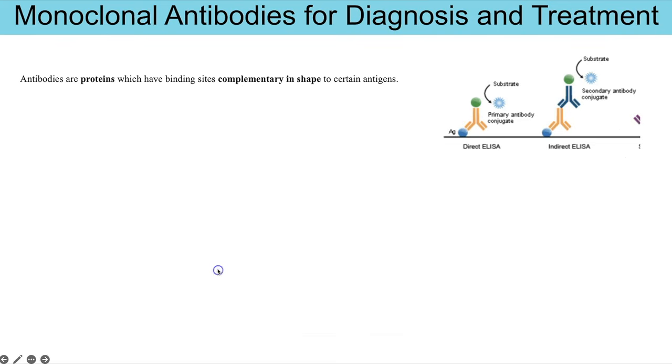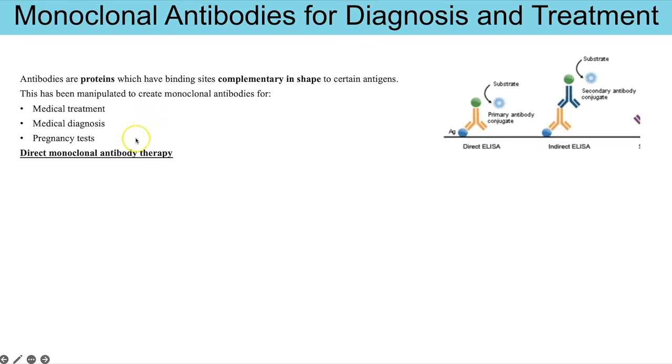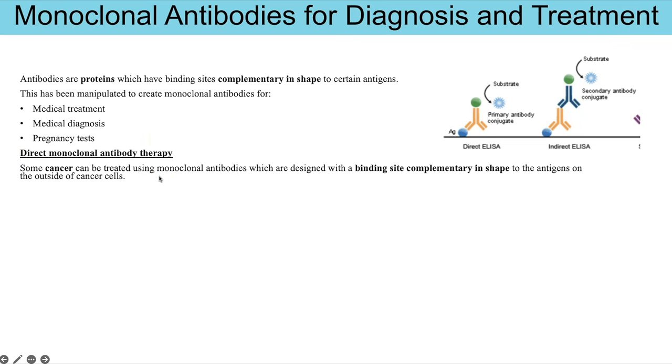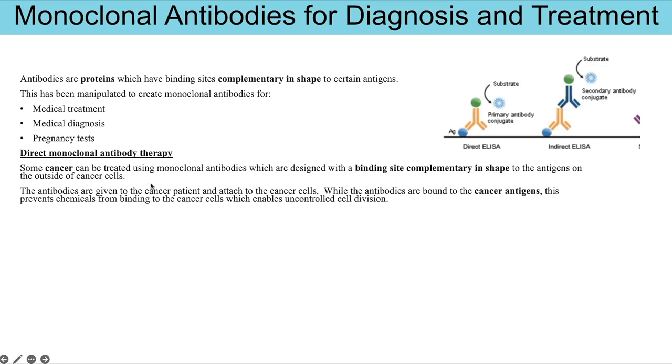So the different things that they can be used for are medical treatment, medical diagnosis, pregnancy tests, and other drug tests as well. So, for example, direct monoclonal antibody therapy. Some cancers can be treated using monoclonal antibodies, which are designed with a binding site complementary in shape to the antigens on the outside of the cancer cells.